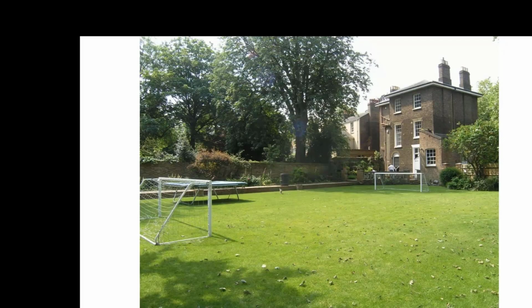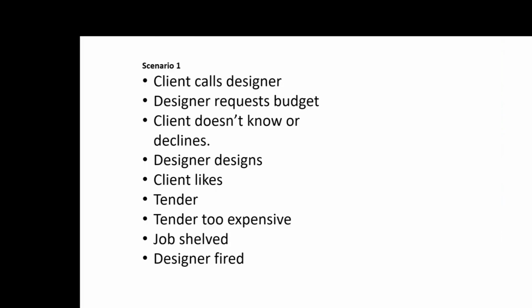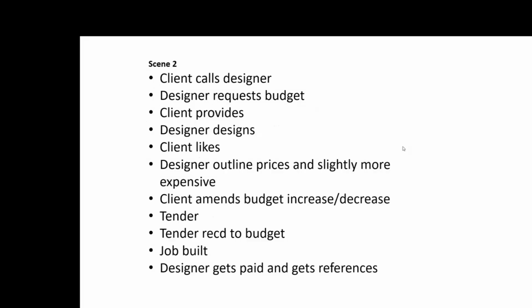Right. So we talked about the initial meeting and the budget. You heard what I said, but this was just the poster about that. We then went to the next slide, which was just a view of a house, and scenario number 1, where the client declines to give a budget or the designer is not forceful enough in getting that budget out.